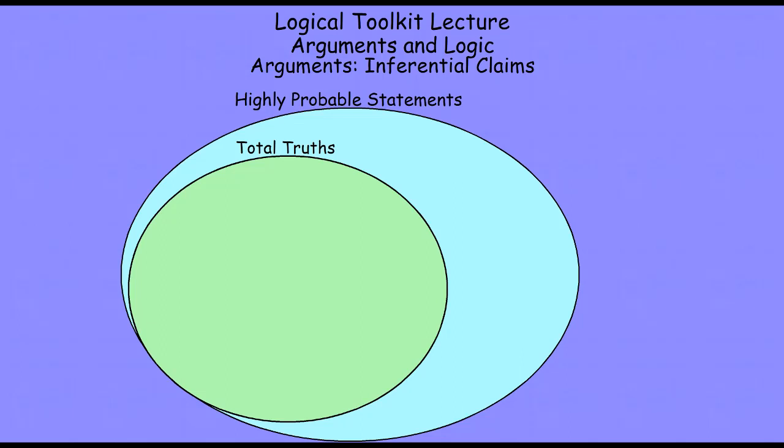You may not be aware of their truth. You may not see that they have to be true, but they are true given what you know. What you have is the set of things that you know are true, you're aware are true, you believe are true, and I call those the reasoner's truths.